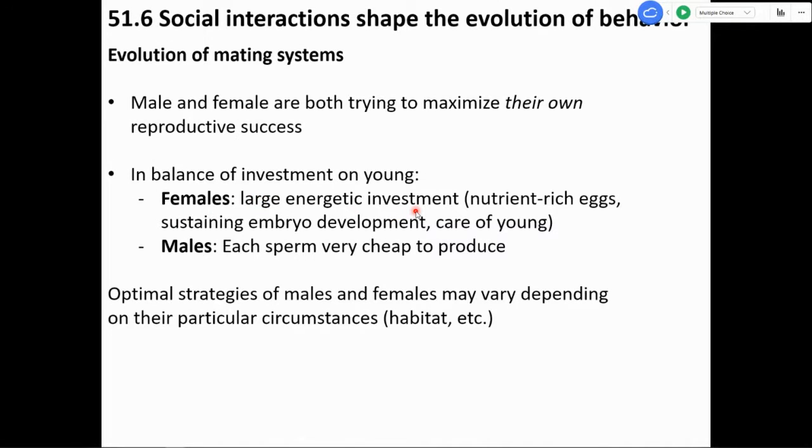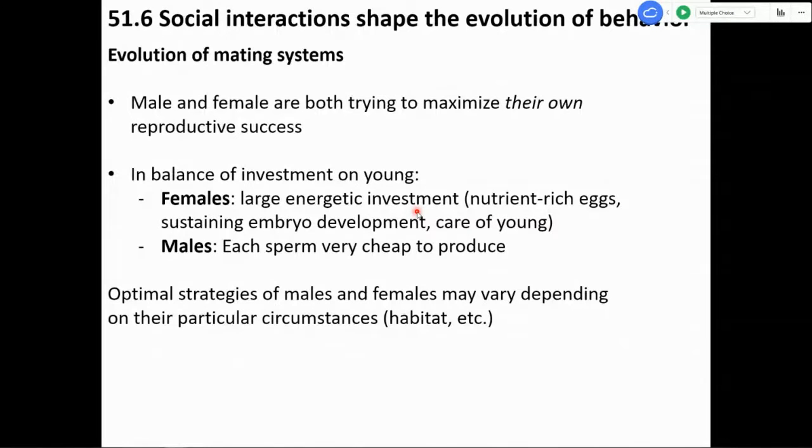So you think about the size of an egg, if you think of a chick egg, for example, all that energy that goes into producing that, and it has to be fertilized by one tiny little microscopic sperm, right?